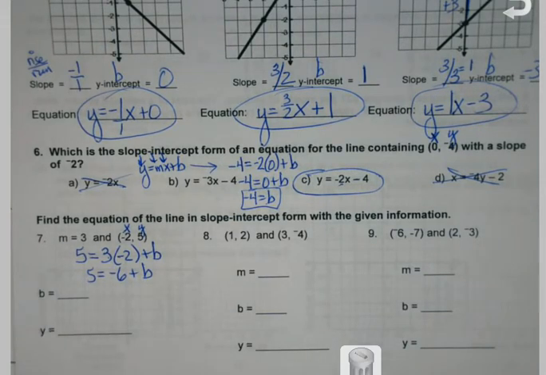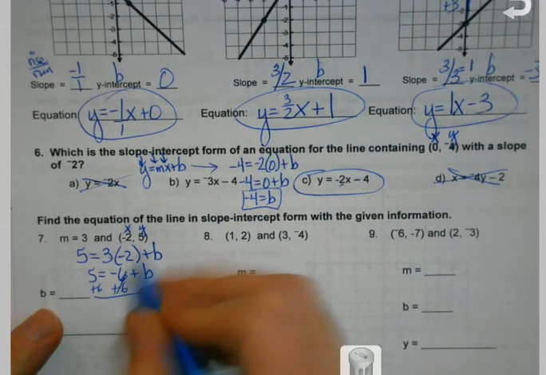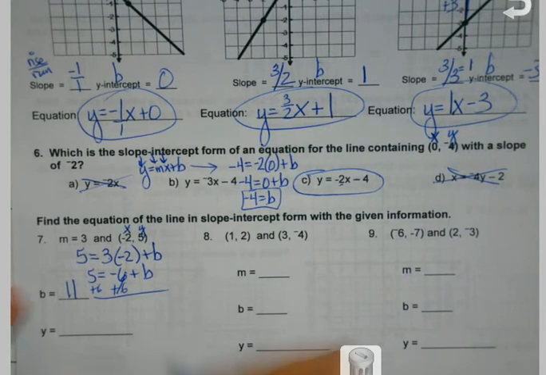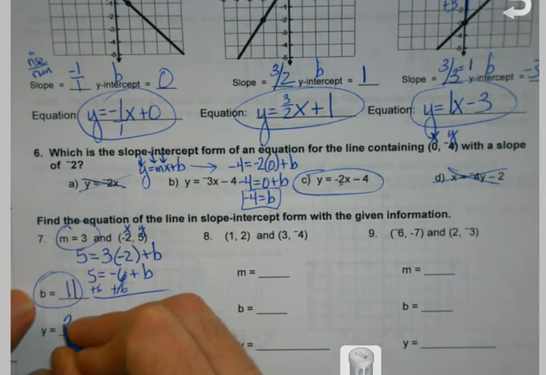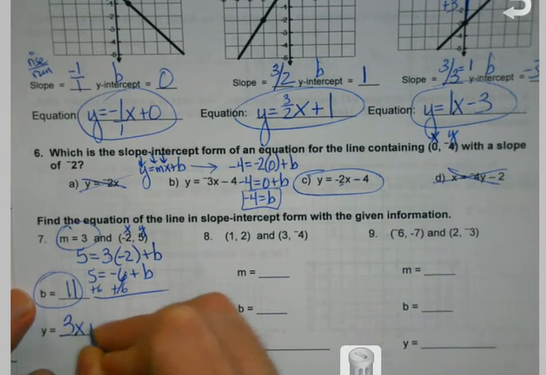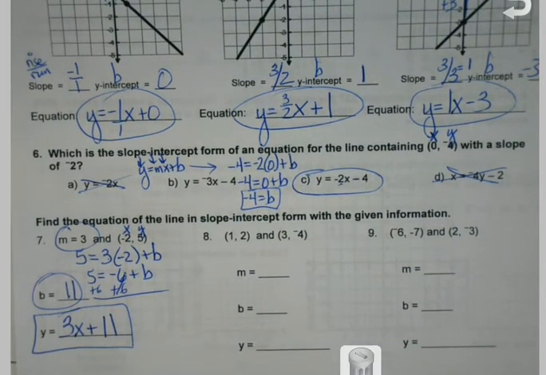What's my one step now to get b by itself? What's the opposite of minusing 6? I gotta plus it. So my b is going to be 11. I got my m, I got my b. y equals mx plus b. And I'm good.